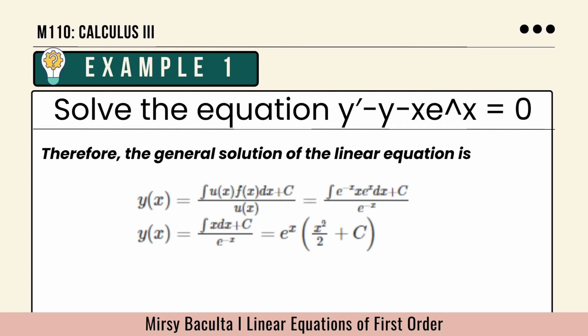So, applying the integration procedure, we have here e to the power of x. The answer of the integral of x dx plus c is x squared over 2 plus c. So, this is the final answer.